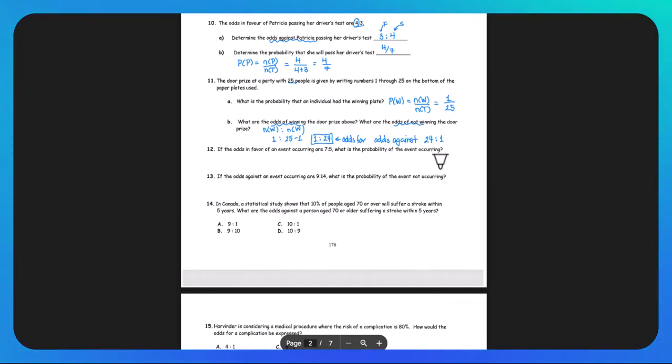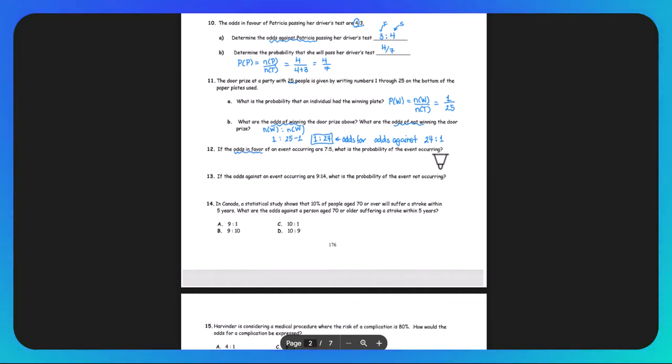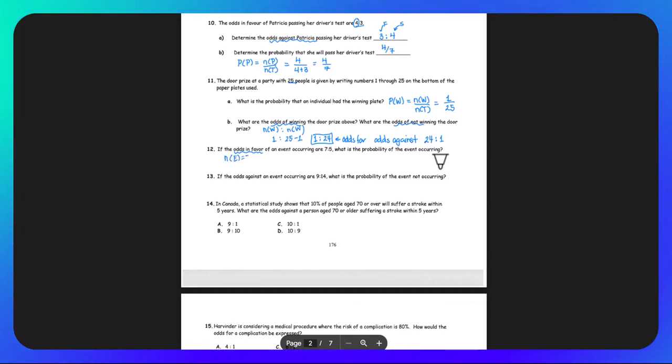If the odds in favor of an event occurring are 7 to 5, what is the probability of the event occurring? So let's look at this. This is odds in favor. So the n of the event occurring is 7. The number of not the event is 5.